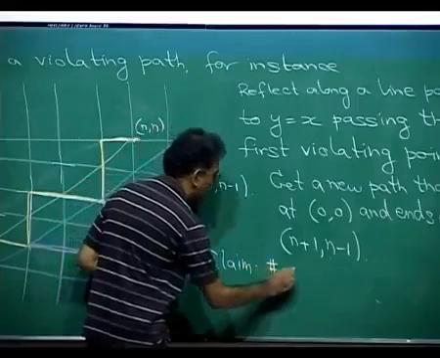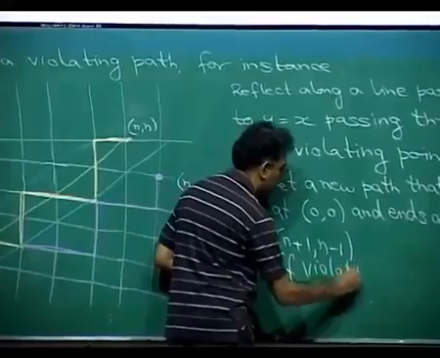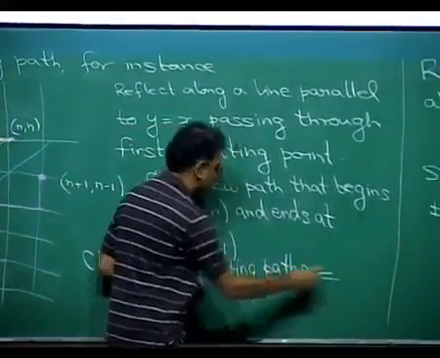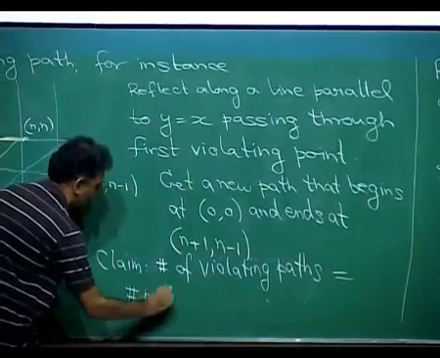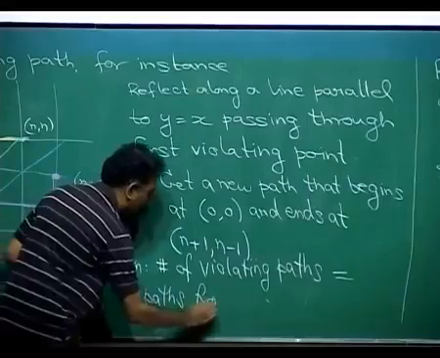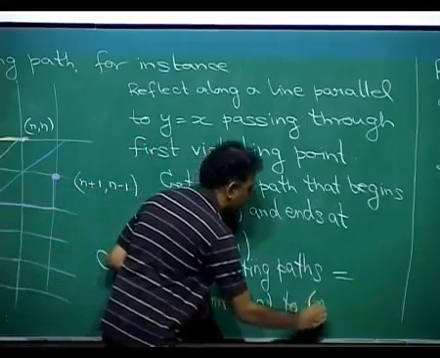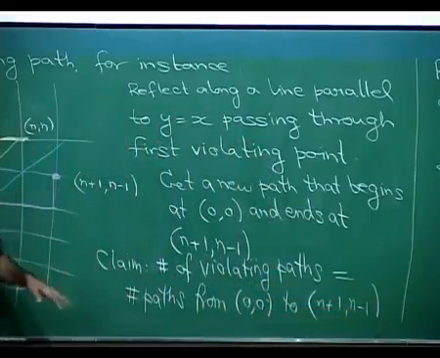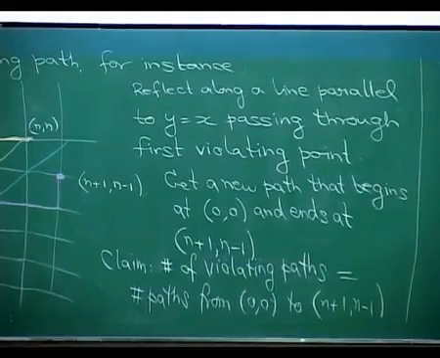The number of violating paths, I claim, equals the number of paths from 0, 0 to n plus 1, n minus 1. So let us try to understand the justification for this claim. This claim is the most important claim in this whole proof.